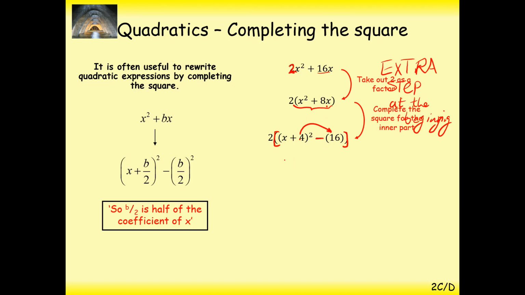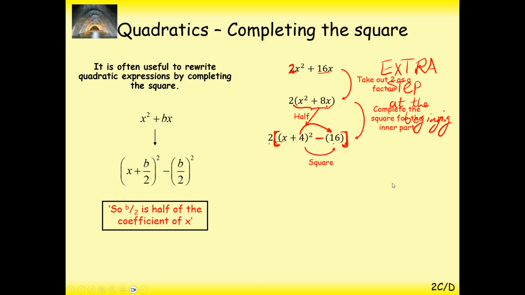Now, most of the students forget about this red square bracket that I'm putting here and leave 16 as it is. What they do is they write 2 in front of the very first bracket and forget about multiplying negative 16 by 2. That's the most common mistake, and I hope you don't make that mistake.